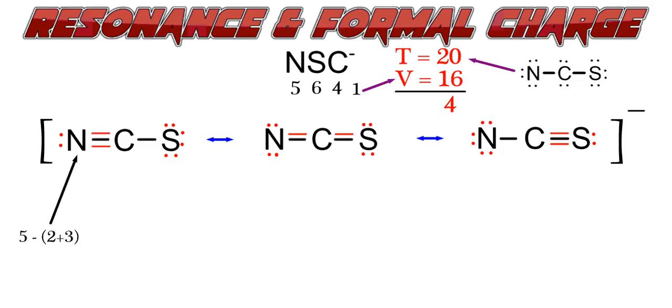It's 5, which is the number of valence electrons that nitrogen should have, minus 2, which is the number of unbonded electrons, plus 3 bonds, or half of the shared electrons. So that means that my formal charge is going to be 0 for that.